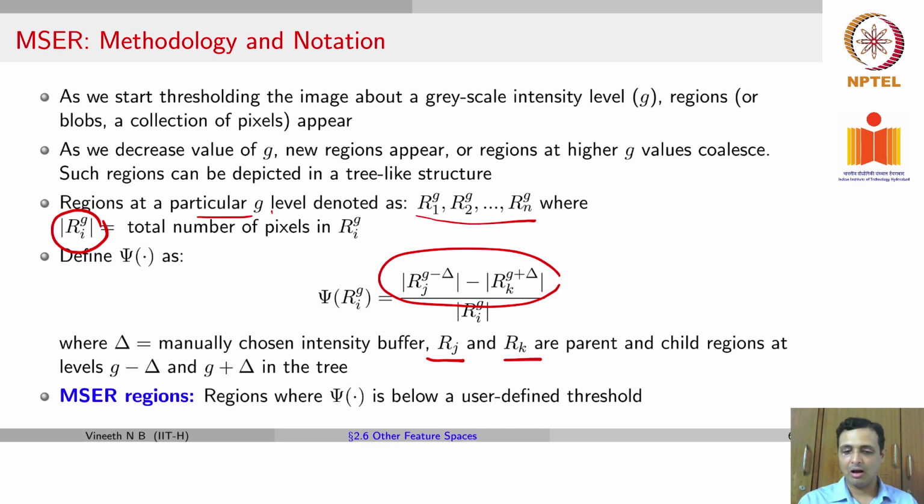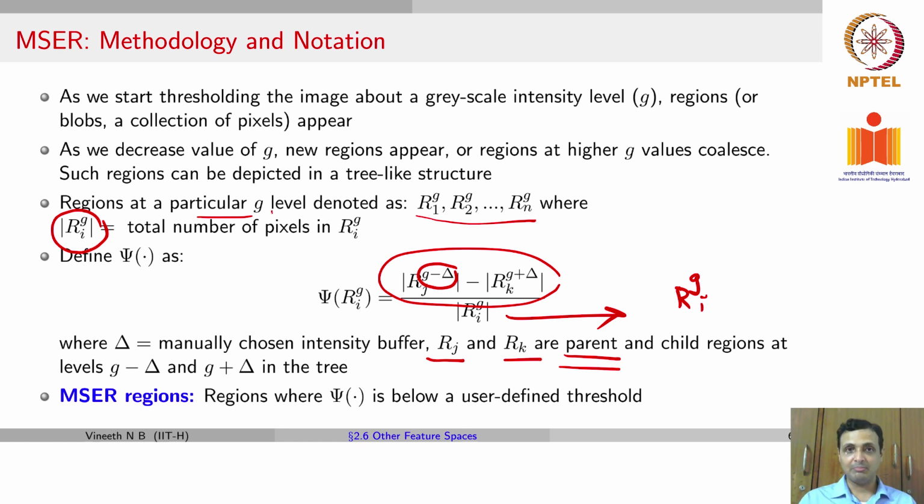Remember again that Ri is one of the regions that you're considering at the threshold value G. Now, if you subtract a little value, G minus delta, then you would get a parent region which is perhaps larger than Ri. Remember, when you subtract from the threshold, the white region would probably get bigger. So you're going to have a parent region Rj, which is defined at G minus delta. And at G plus delta, when you increase the threshold, the white region may get smaller. We're going to define that as a child, and that's defined by Rk.